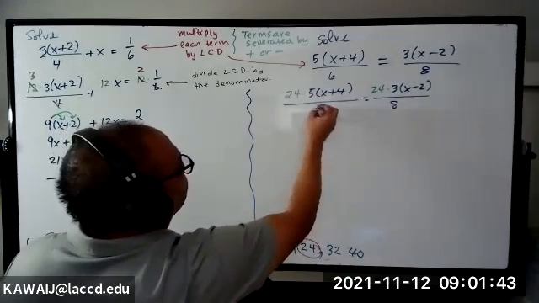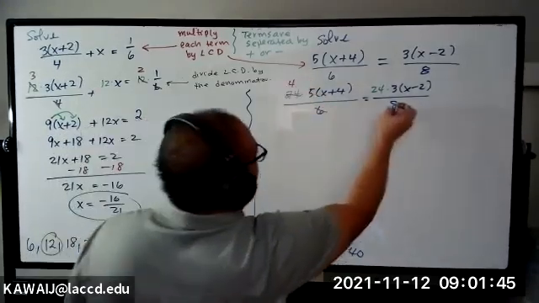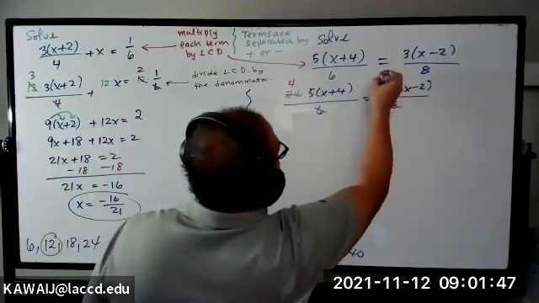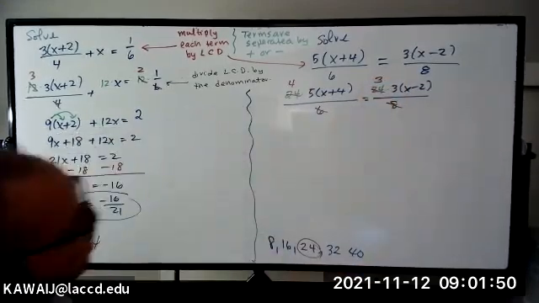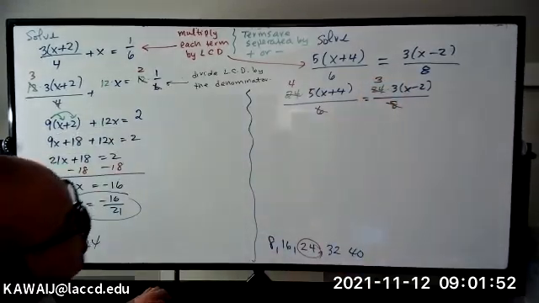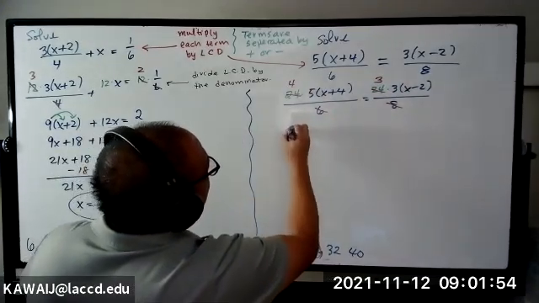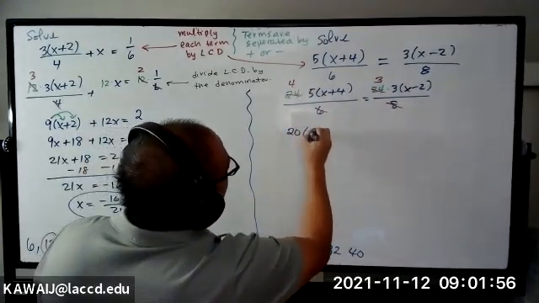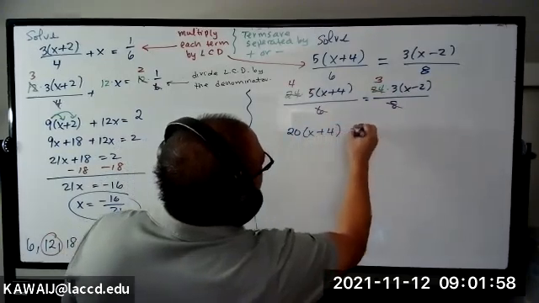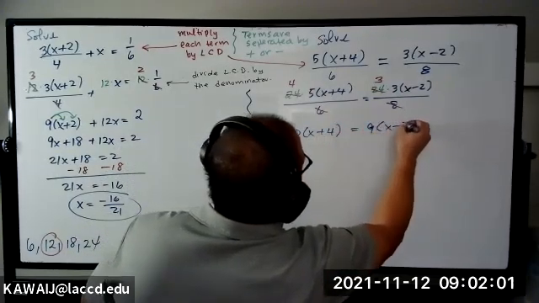So we're going to divide by 4, divide by 8, and we get 20x plus 4 is equal to 9, x minus 2.